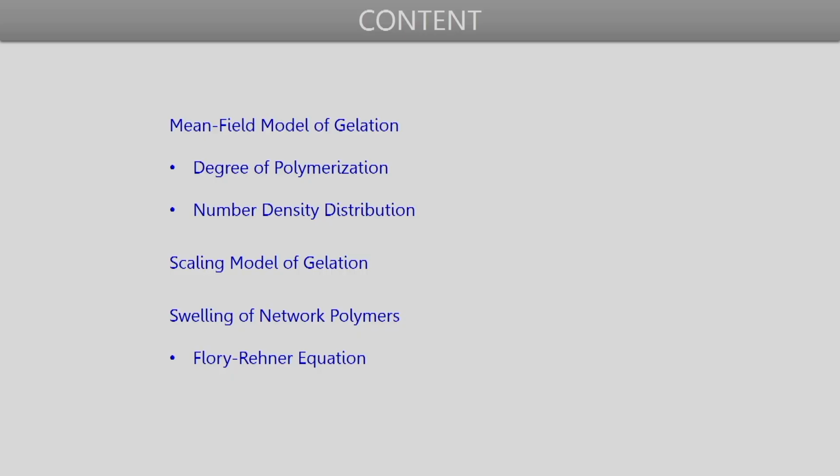So, in today's lecture the focus will initially be on the mean field model of gelation that we were discussing in the previous lecture. We had introduced this model in the last lecture, and today we will focus on the results related to the degree of polymerization as well as the number density distribution that arise from the mean field model of gelation.